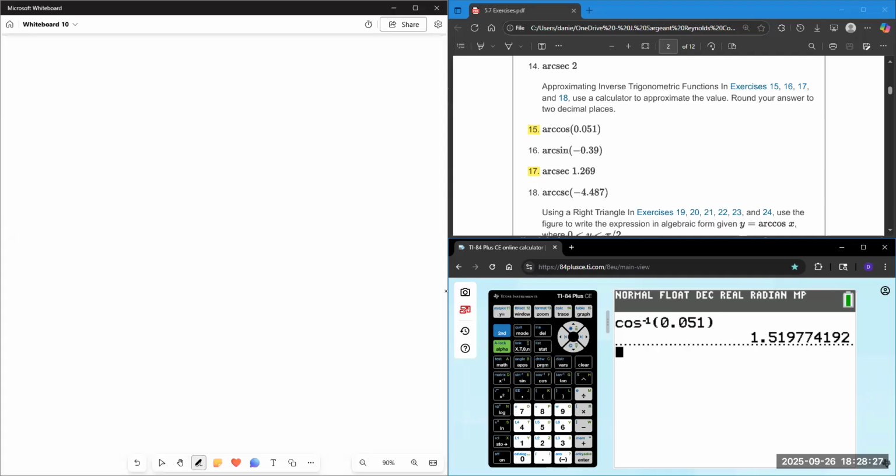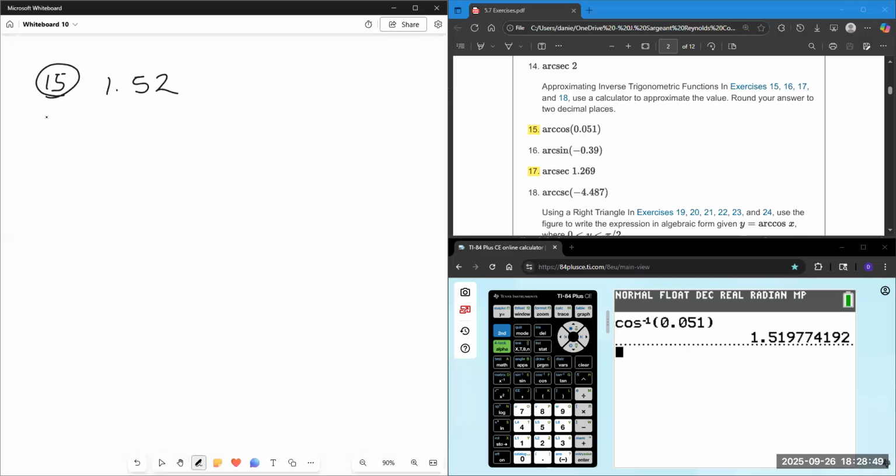You don't want answers back in degrees for this. It says round your answer to 2 decimal places. It's assumed that you are dealing in radians here. So 15 is 1.52 when we round to 2 decimal places.